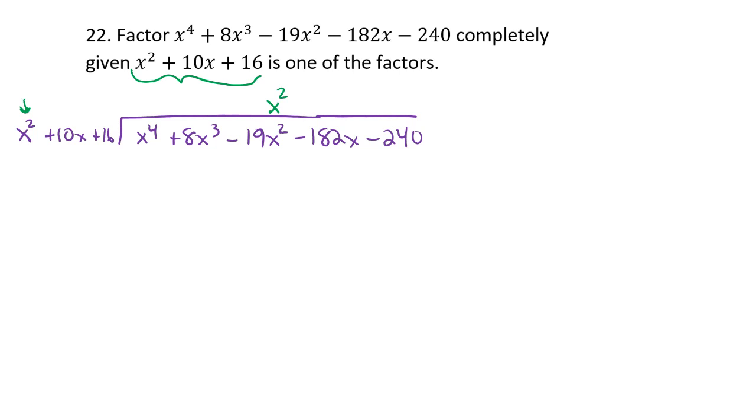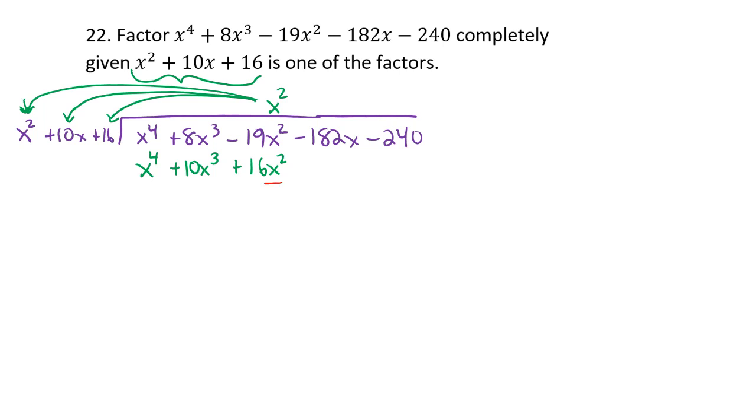Once again, line up your exponents. An x squared and an x squared should line up. So x squared times x squared is x to the 4th. X squared times 10x is 10x to the 3rd. X squared times 16, 16x squared.